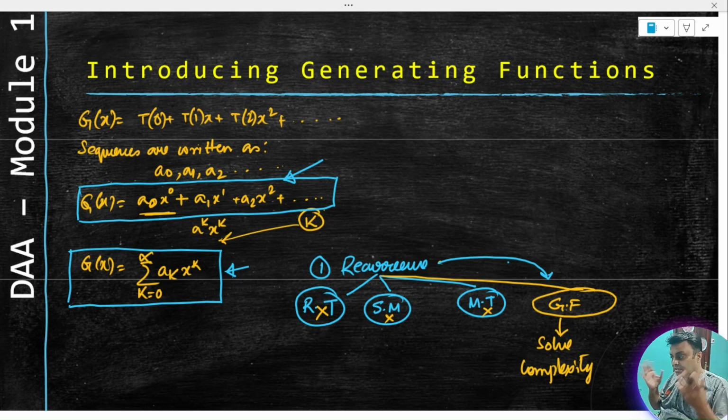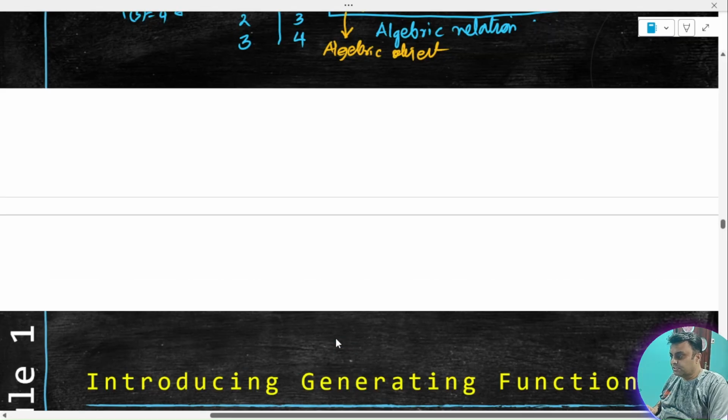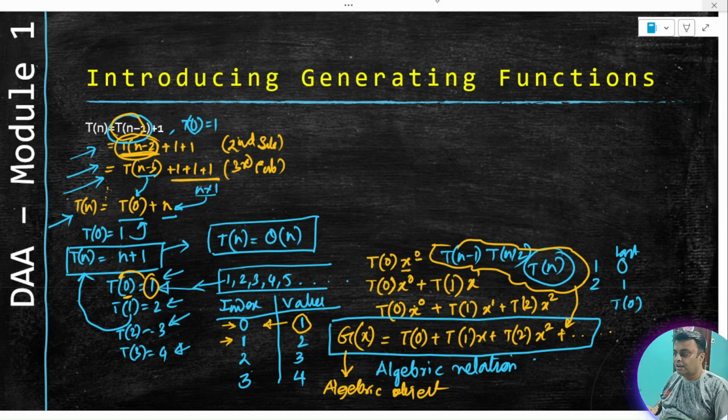And again, let me summarize. Generating function is basically avoiding calculating all these individual recurrence relations, and instead finding an algebraic way to figure out an equation with which we can represent that particular recurrence relation. Instead of having n-1, n-2, n-3 in its equation, we are eliminating n from the scenario.